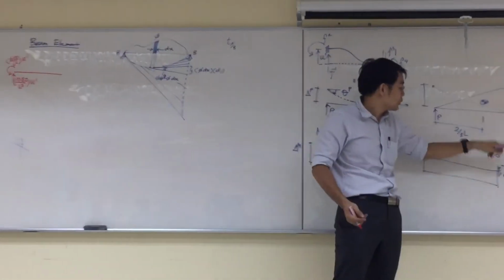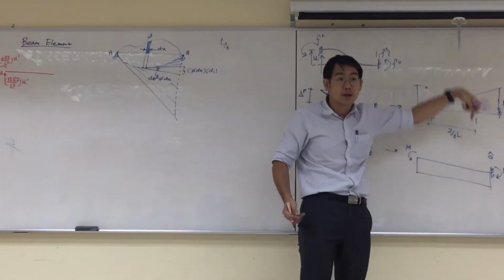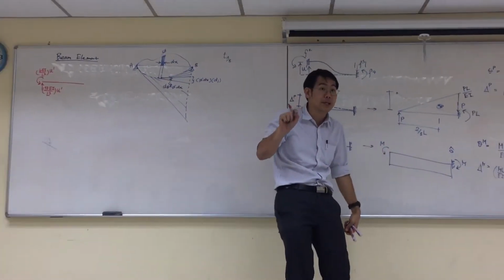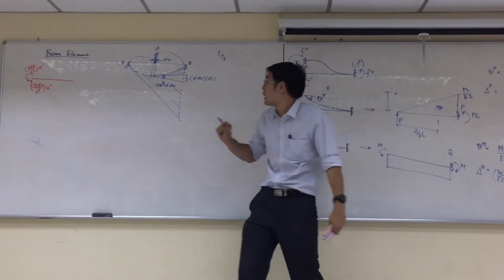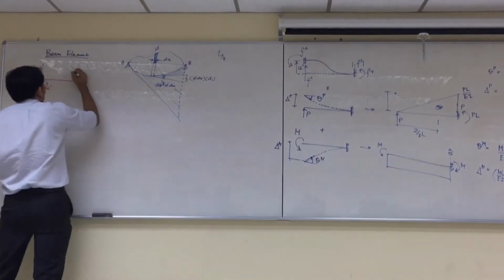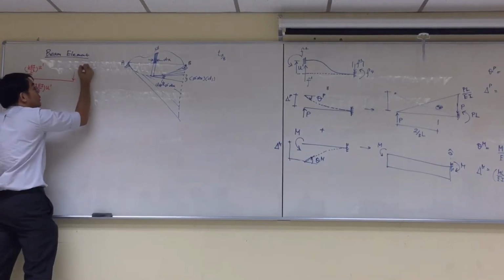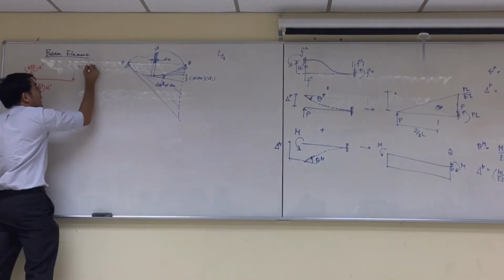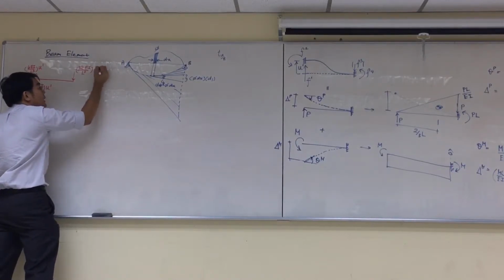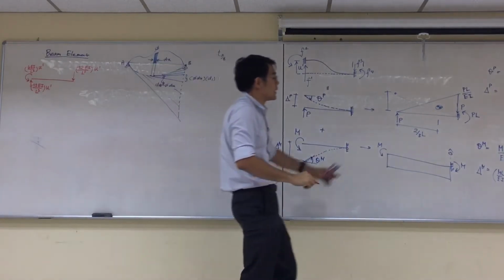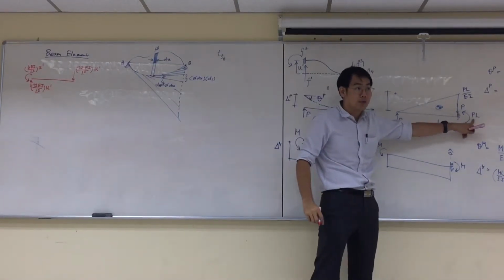You add this with this, you will end up with the force that is pointing downward with the same magnitude as P. Okay, so you have over here force going in the downward direction, the 12 EI over L cubed multiplied by U1.